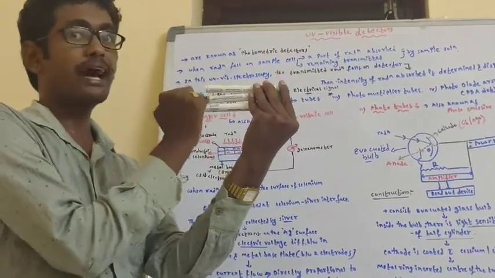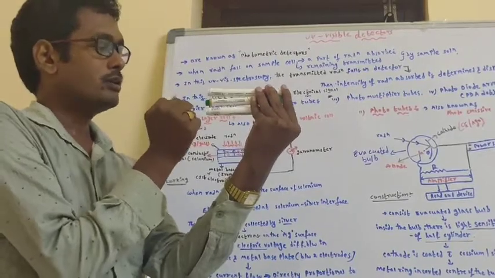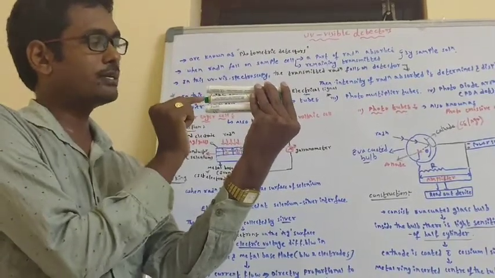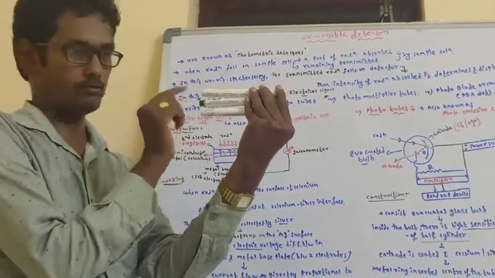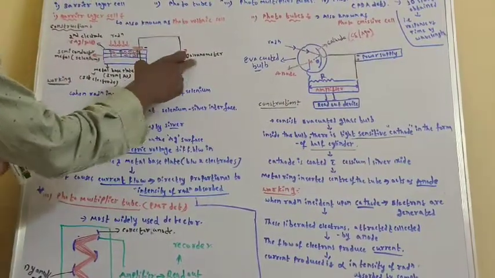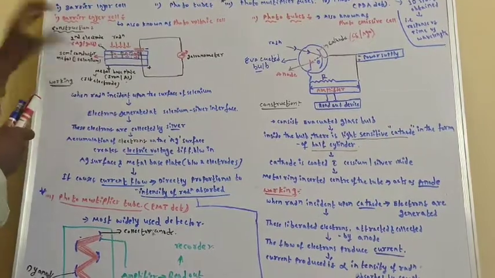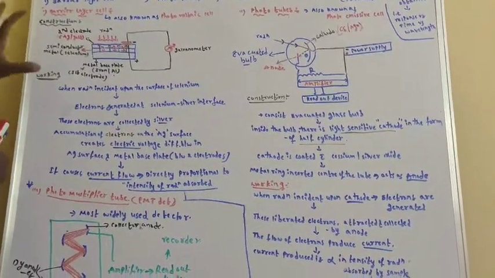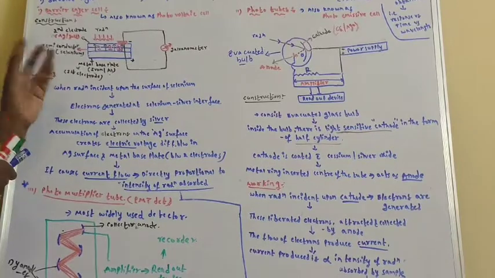That's why it is known as barrier layer cell. Do you understand? The selenium is arranged between the two electrodes, and it also consists of a galvanometer.